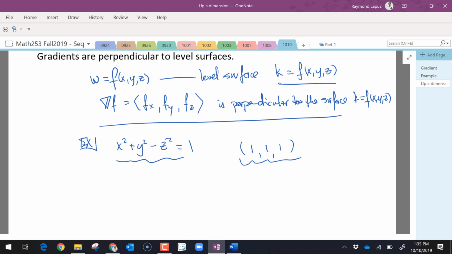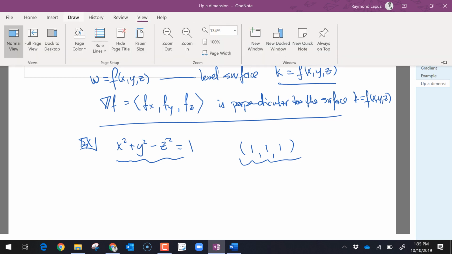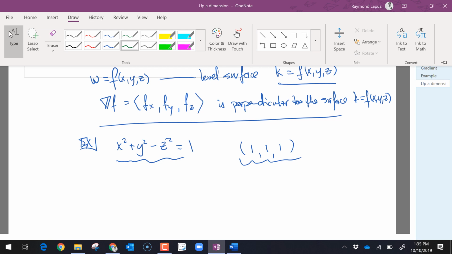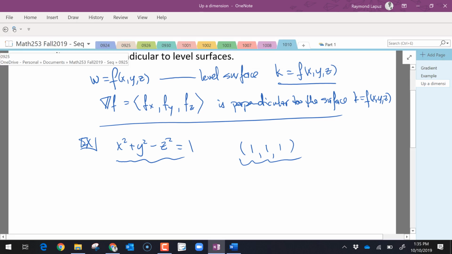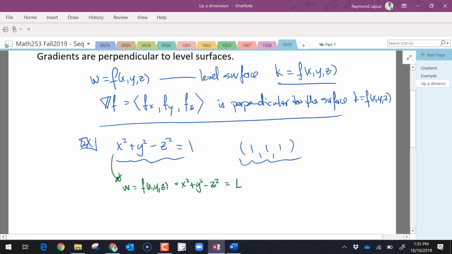It's an implicit surface, but we can kind of step back and look at it as if it was a level surface from a four-dimensional function, right? So we can pretend that w is equal to a function of x, y, z, and that function of x, y, z is x squared plus y squared minus z squared. And then we're saying that this is equal to 1, which means it's a level surface.